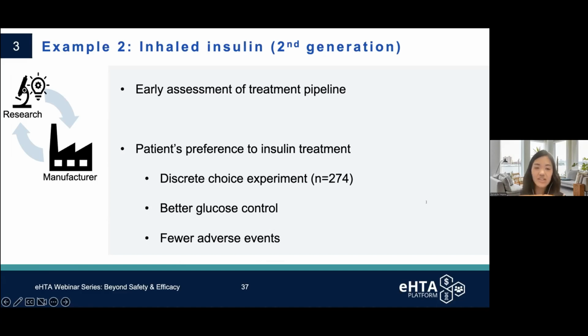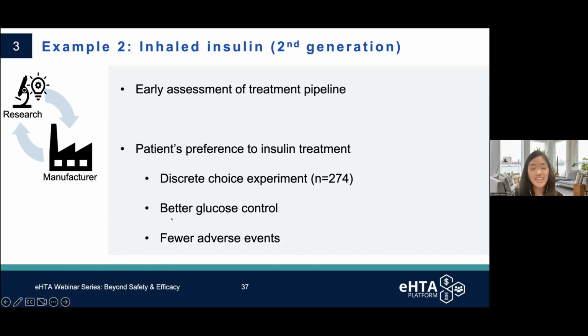To be fair, the study had shown that patients who had never used insulin had some preference for inhaled insulin. But once they started using subcutaneous insulin, they basically tended to accept the injections. They managed to overcome the barrier, and other aspects of treatment like better glucose control and fewer adverse events became more important.